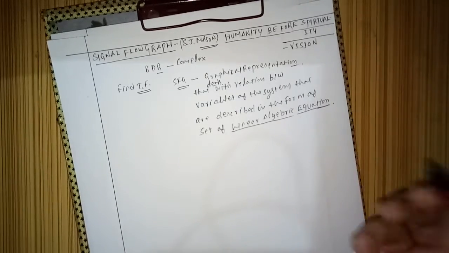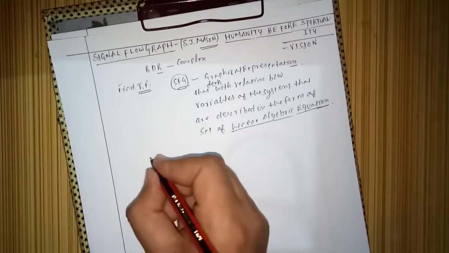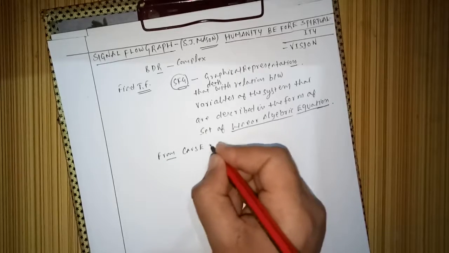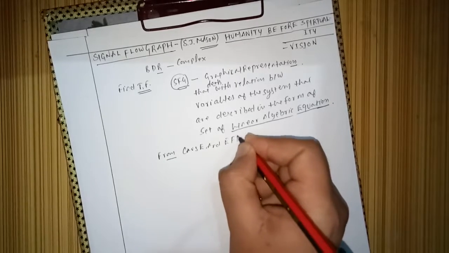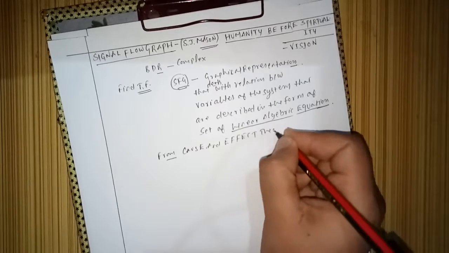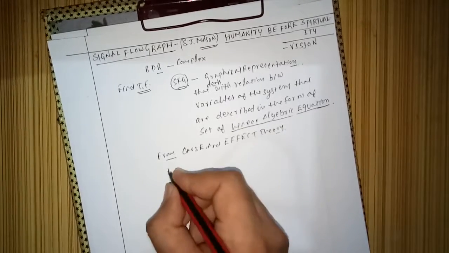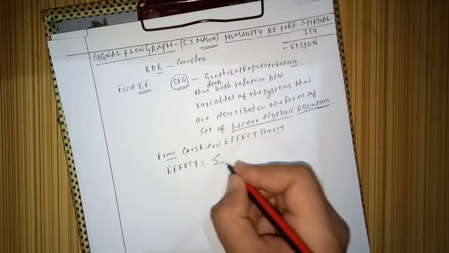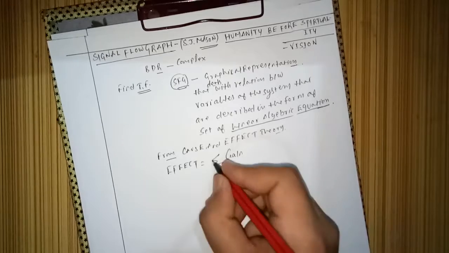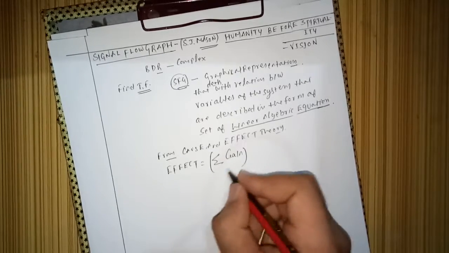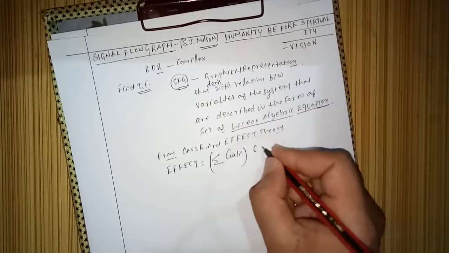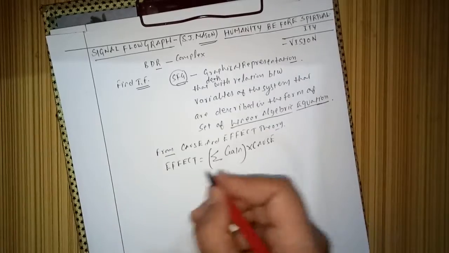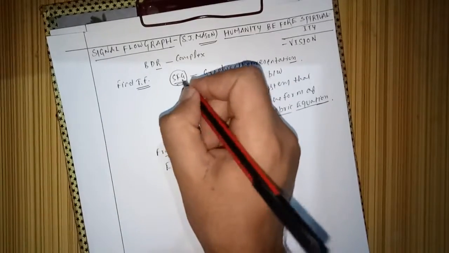See how signal flow graph was developed. Signal flow graph was developed from cause and effect theory. According to this, effect is equal to gain, and there may be multiple gains associated with a particular cause, multiplied by the cause.